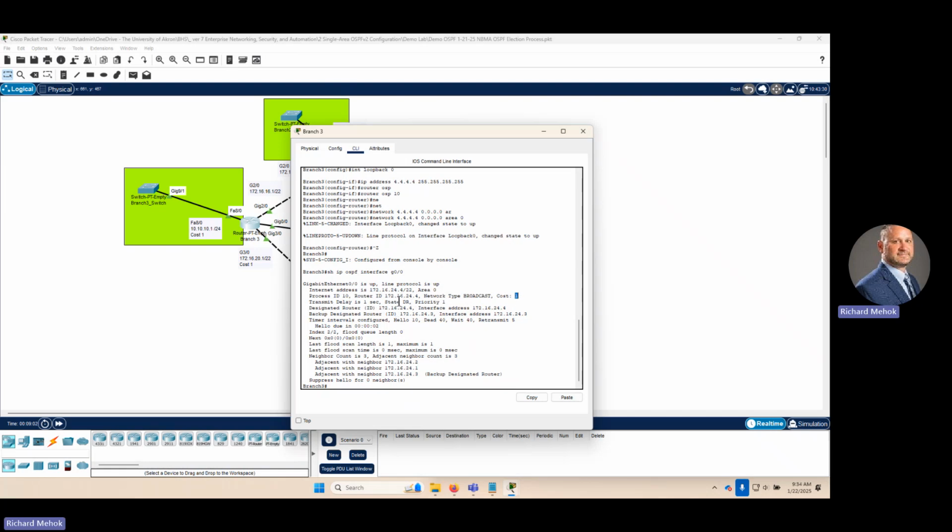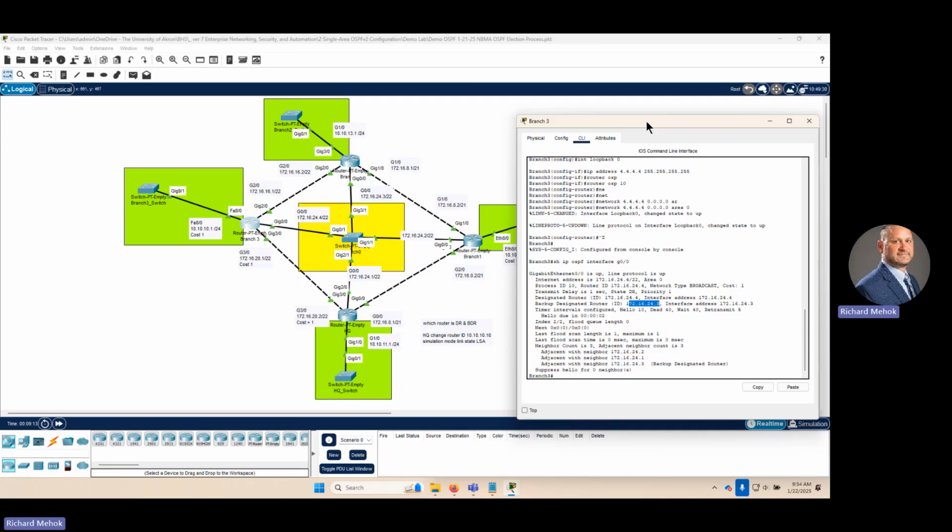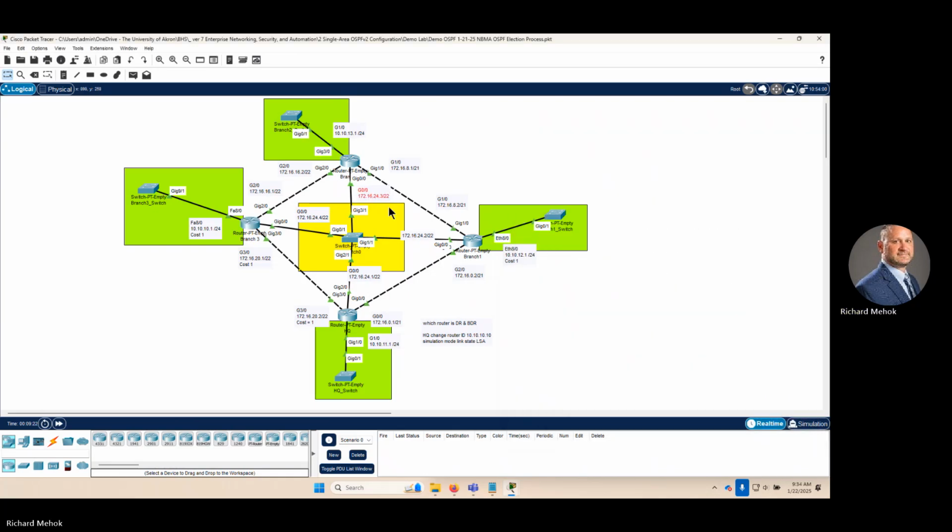This is the DR. So if you look at the designated router IP, it matches this interface. And the designated backup router is .3. And if we look, .3 is on branch 2 gigabit 0/0. So that's the DR and the backup designated router. And so these would be DROthers. These are branch 1 and HQ right now.